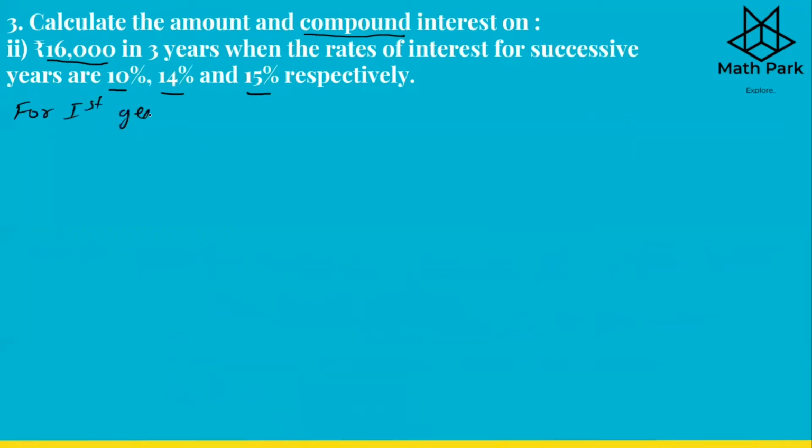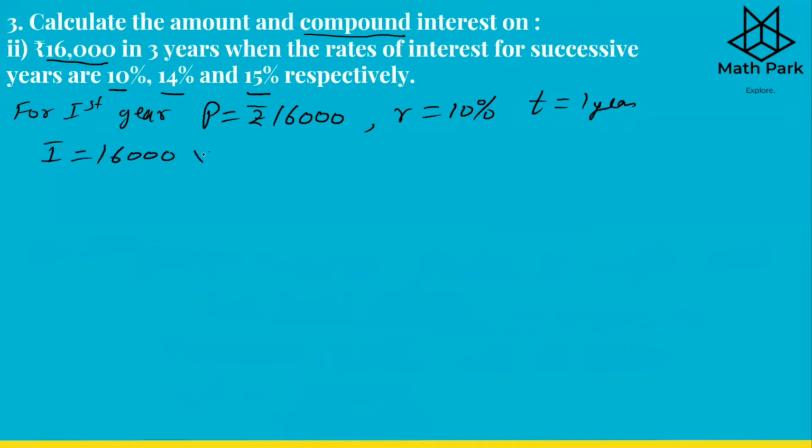So for first year, you have principal is equal to rupees 16,000. The rate of interest is 10%. The time is 1 year. So we find the interest first. So interest is equal to 16,000 into 10 into 1 upon 100.